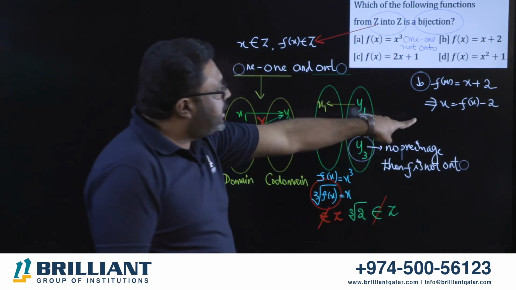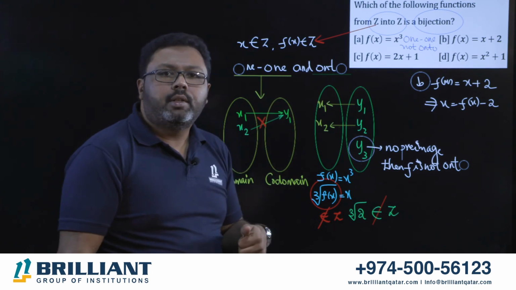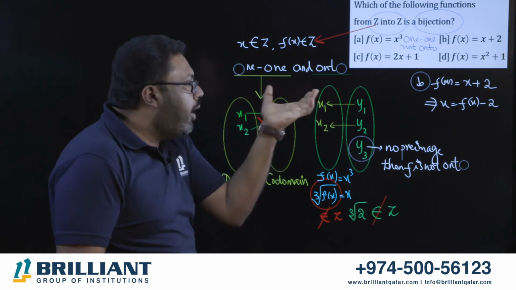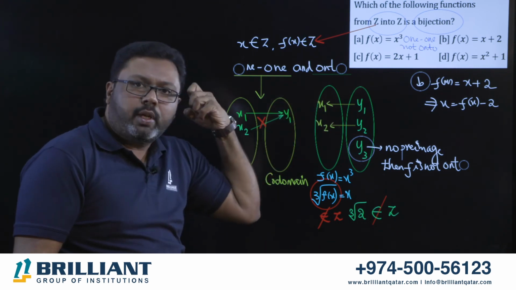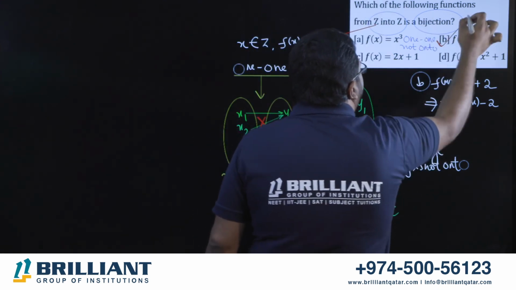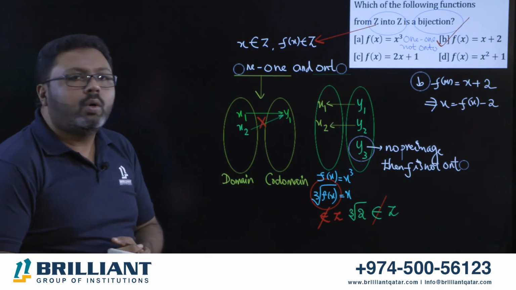Whatever integer I put for f of x, f of x minus 2 is also an integer. There is no situation where I'm not getting an integer for x. So every f of x has a pre-image. So this is a function which is both 1-1 and onto.